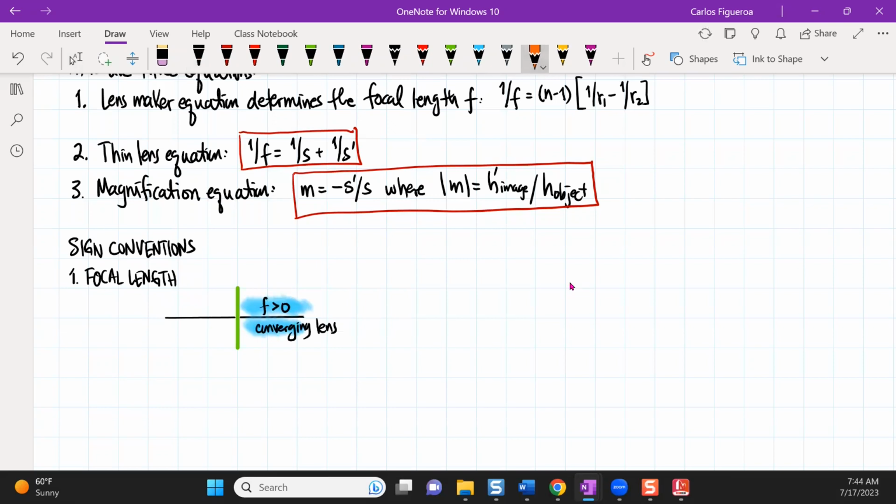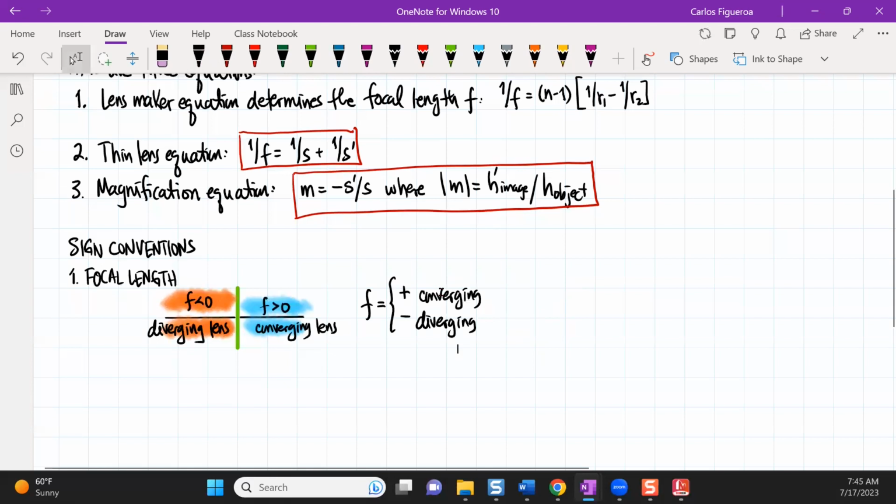On the other hand, if I'm on this side, then this has a negative focal length, and this can only be true for a diverging lens. In other words, when I look at my sign convention, I have a positive and a negative sign, and that tells me that this is converging, and this tells me that this is diverging.